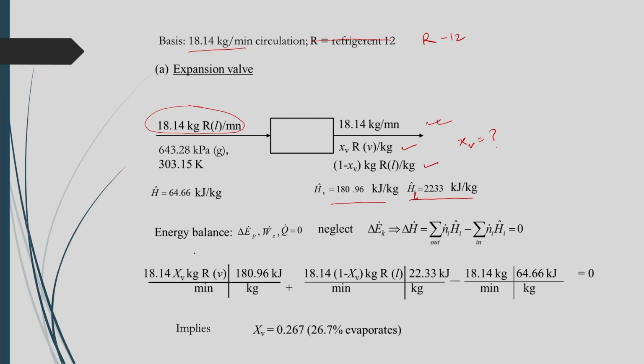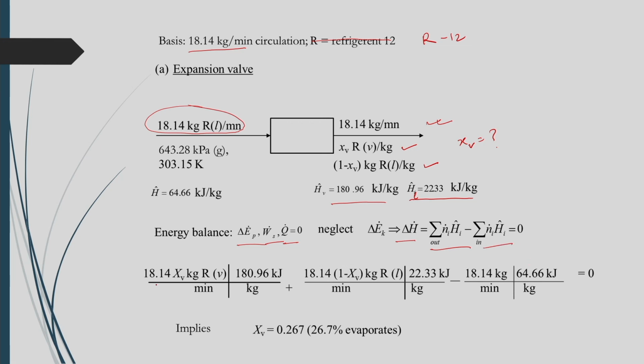Now, if we do the energy balance over this expansion valve, we can say that potential energy is equal to 0, shaft work is equal to 0, heat supplied to this system is equal to 0, and then we have only the kinetic energy change there. So, that will be equal to the enthalpy change, which is the enthalpy in the outlet stream of this expansion valve minus the total enthalpy in the inlet streams.